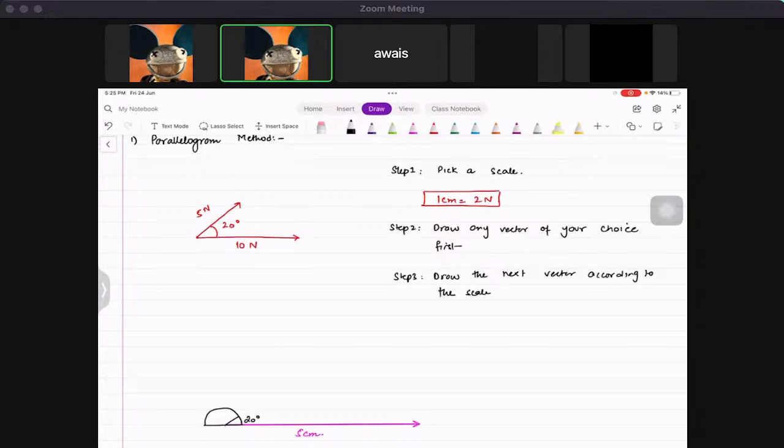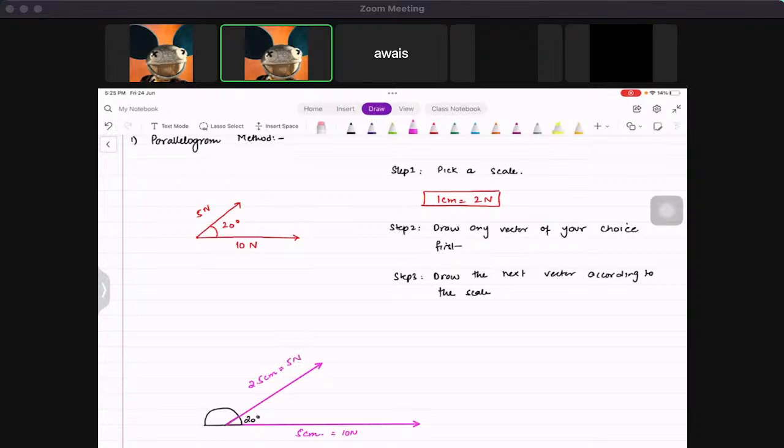So I'm going to extend this line about 2.5 centimeters, just like that. So basically 5 centimeters means 10 newtons on my scale, and 2.5 centimeters means 5 newtons on my scale.